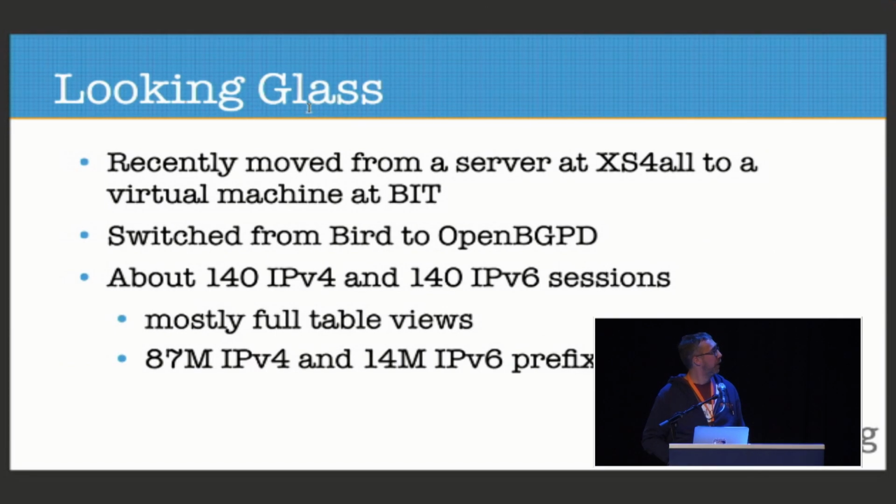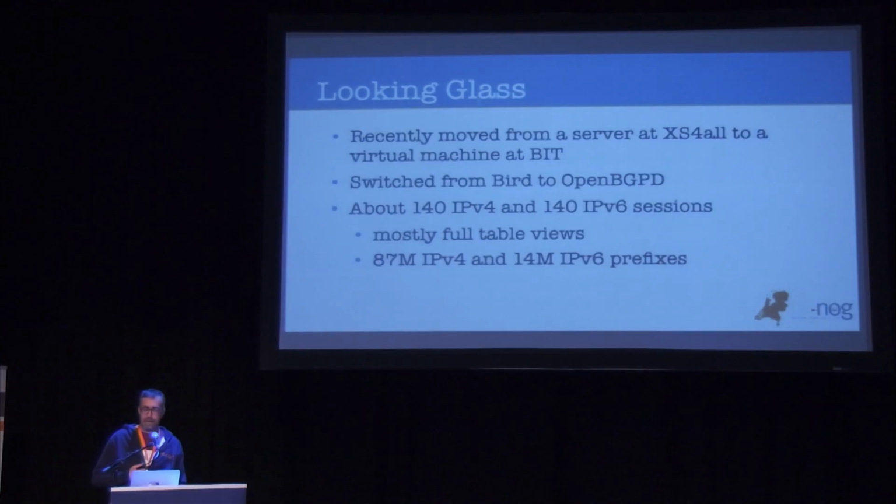Well, the last one I wanted to talk about is our looking glass. We recently moved the looking glass from a server hosted at Access for All to a virtual machine at BIT. And in the process, we decided to switch from BIRD to OpenBGPD due to some technical reasons.